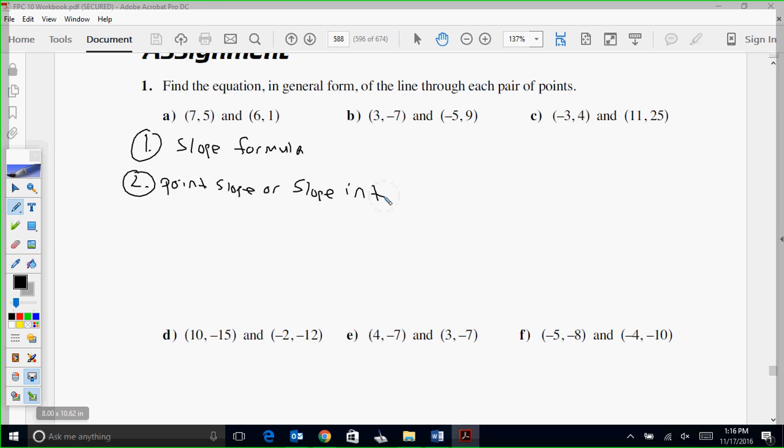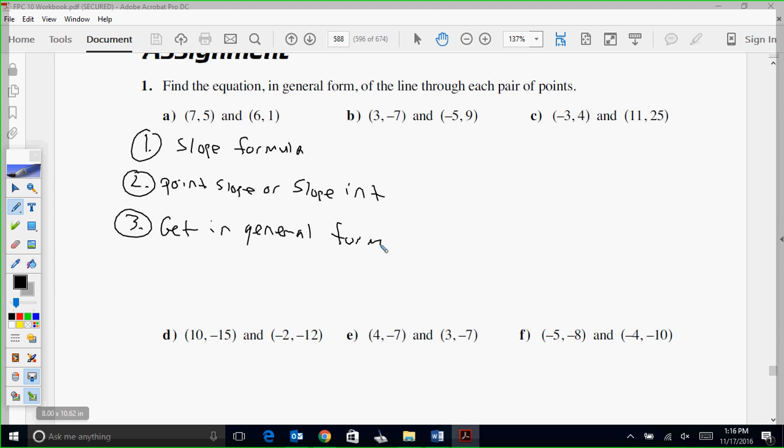It's that break-off that we talked about. You can go either way. Step 3, get into general form. Okay? And that's smooth. Okay? All right, so that's for that section.